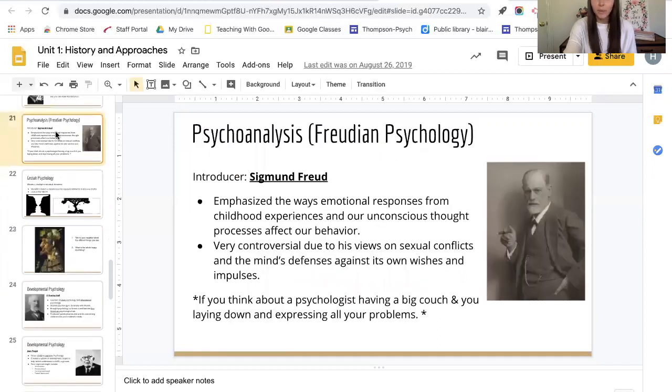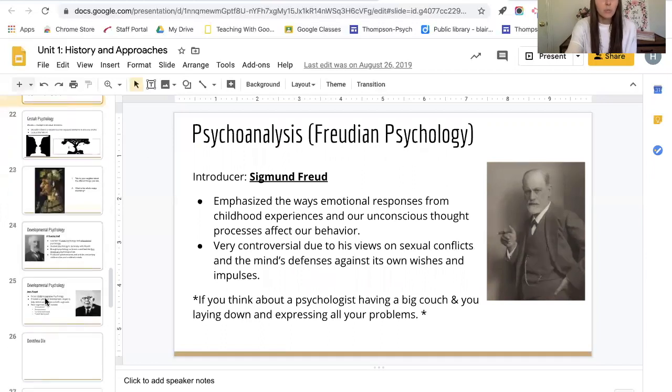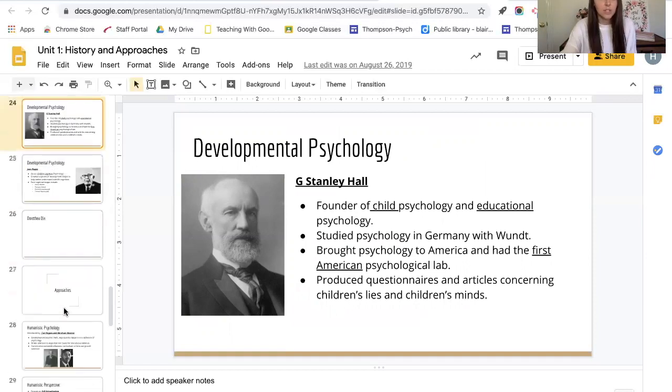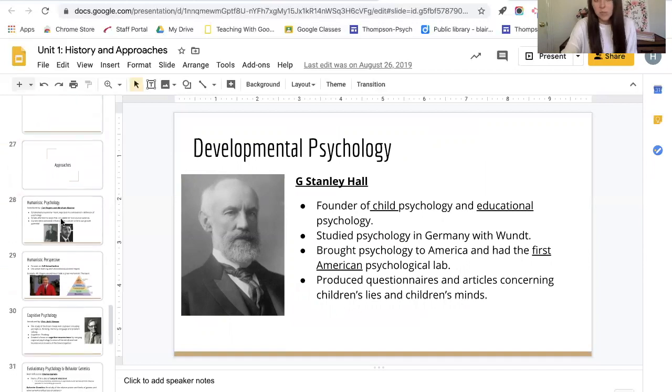You know Freud, we've talked about him a lot, even though a lot of his ideas are discouraged today. And then we get into developmental psychology. So when we were talking about child psychology, education, how you develop through different stages, that's something that you want to make sure that you look at as well.